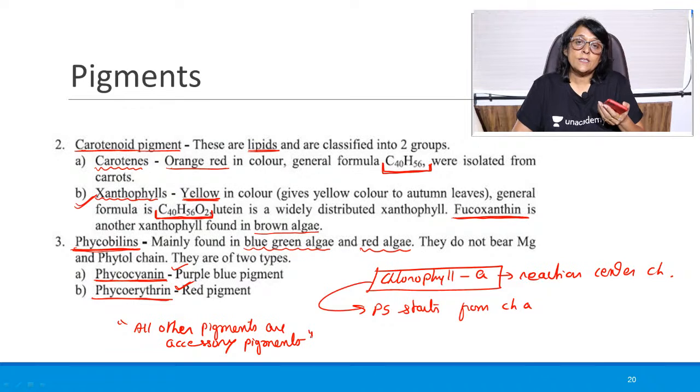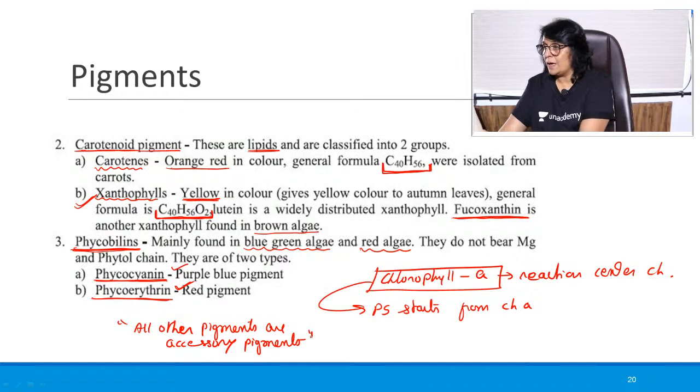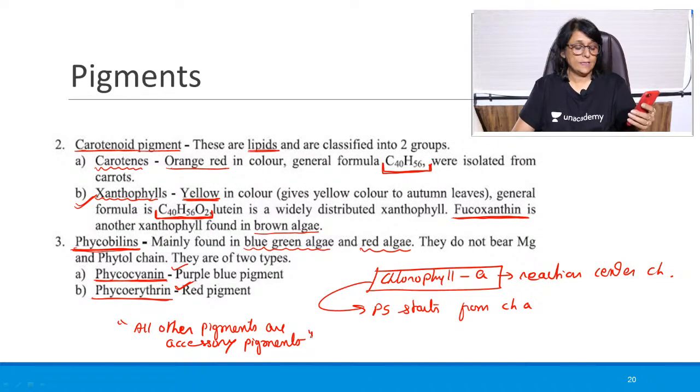So chlorophyll is most important, and that is why whenever we talk of photosynthesis, the conditions which are required, we always write chlorophyll. But we have to remember that other pigments are also essential. Aradhya says no doubt. So I guess there is no doubt in this much part.